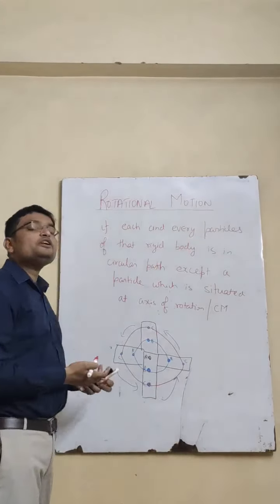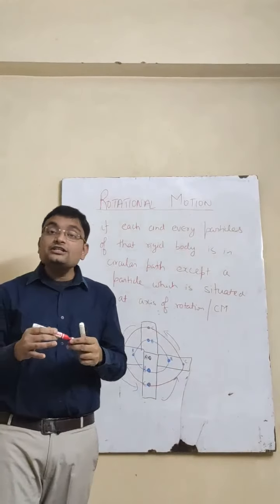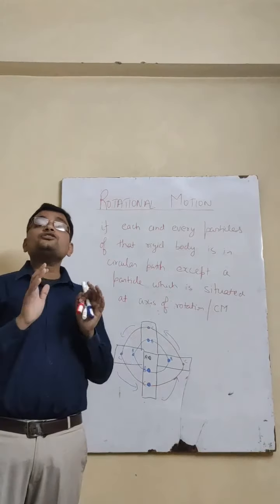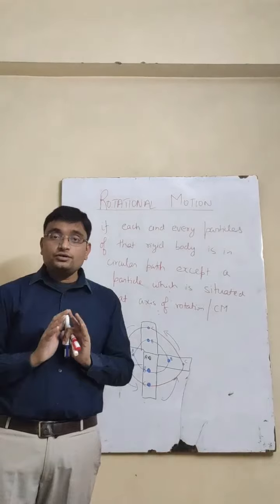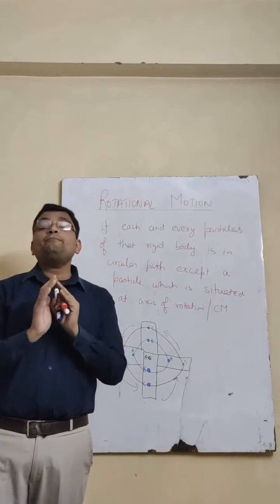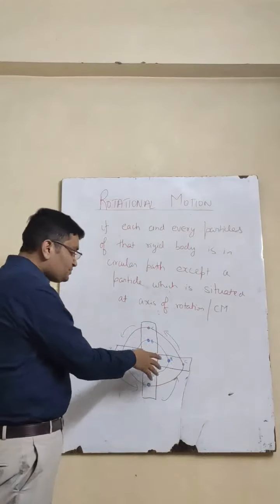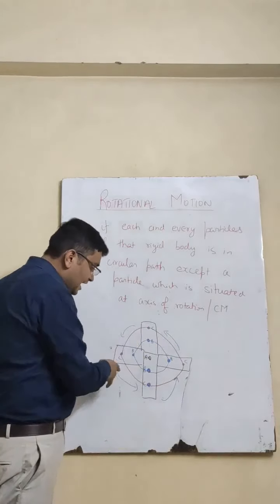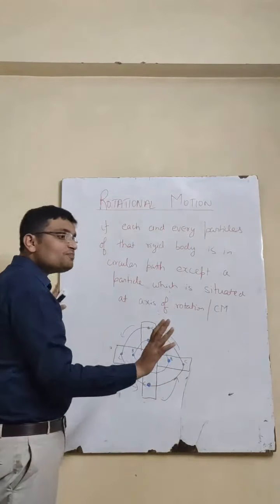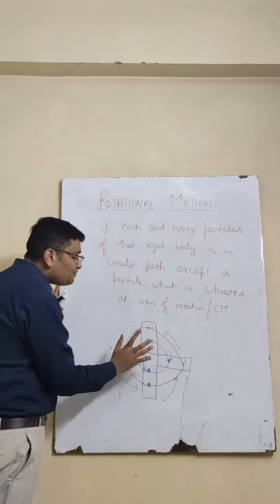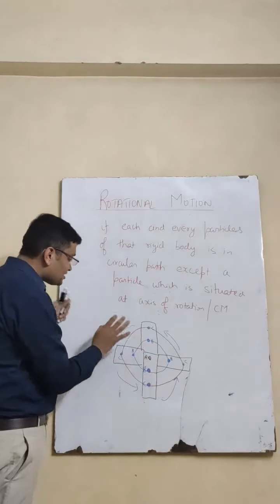And this is what we call rotational motion. What is rotational motion? Rotational motion is a motion in which each and every particle of the body moves in a circular path, as you have seen in B and C, except which particle? Except the particle which is present at the axis of rotation.